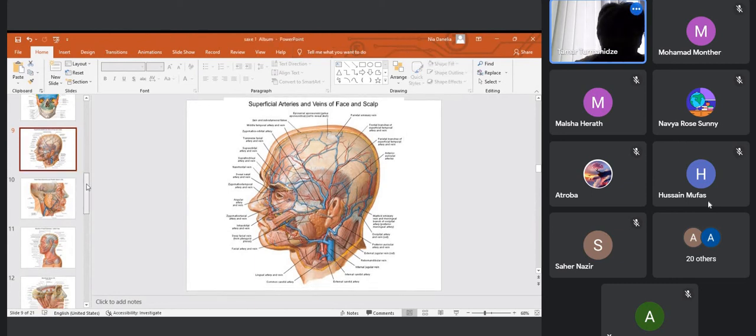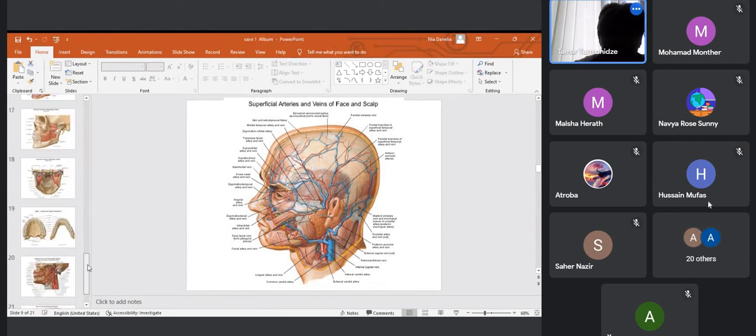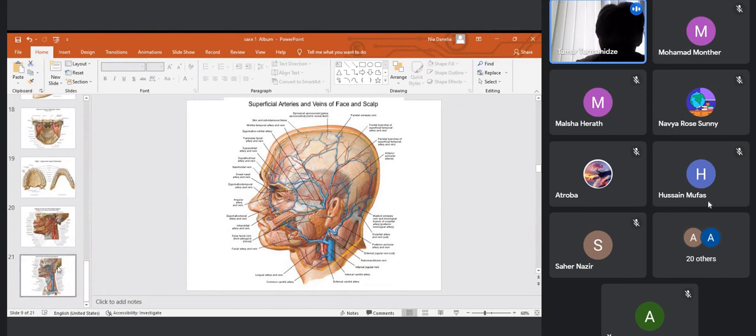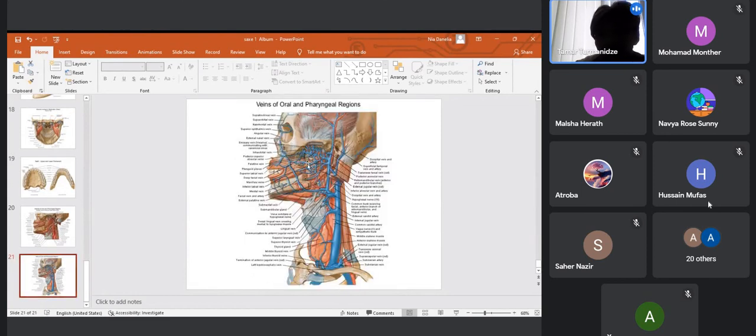The facial vein, by the deep facial vein, is communicated to the pterygoid venous plexus, and by the superior ophthalmic vein it is communicated to the cavernous sinus through the cranial cavity.